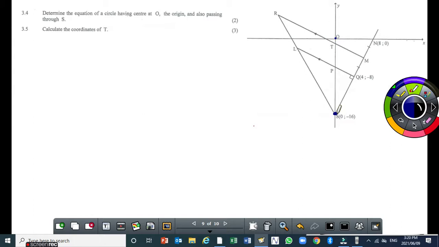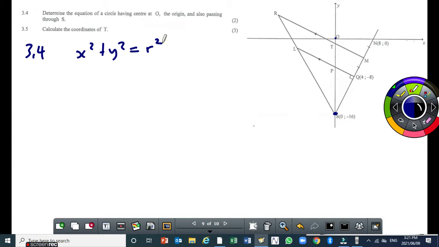Now, if the center is at the origin, remember, your circle must be of the form x squared plus y squared equal to r squared. That's the general equation. So here, you just need to find the radius. If the center is here and it is passing through this point, this length OS is going to be a radius.